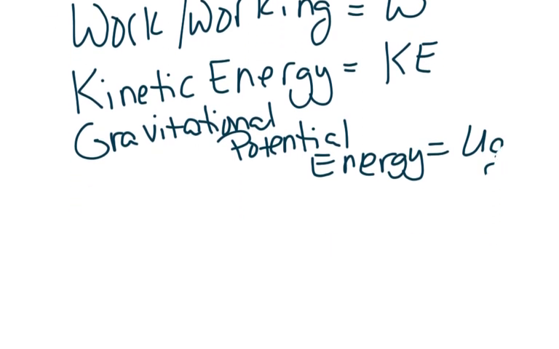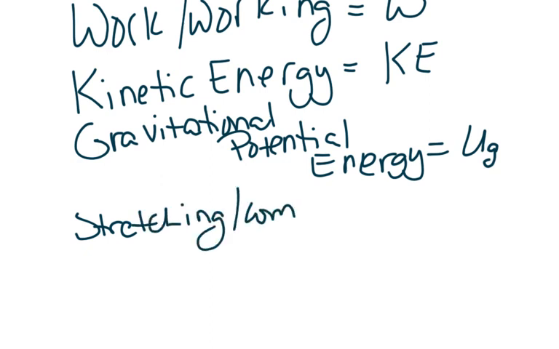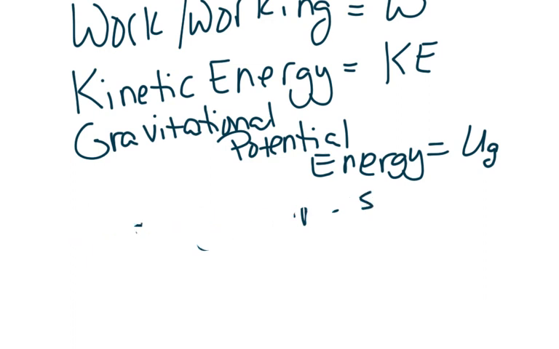I'm trying to be better about my subscripts. That's going to be a subscript. Stretching or compressing of a material. If we're stretching or compressing a material right now, we have elastic potential energy.